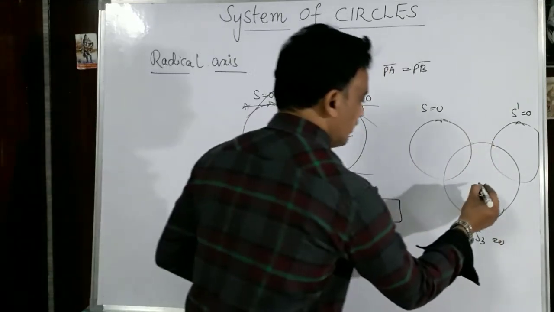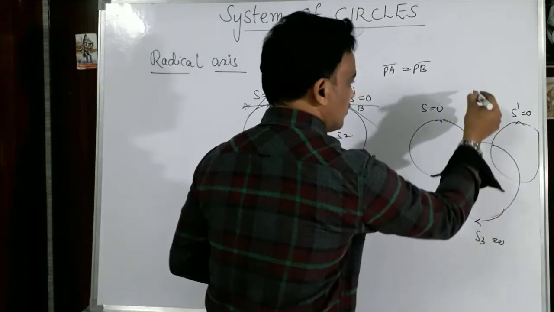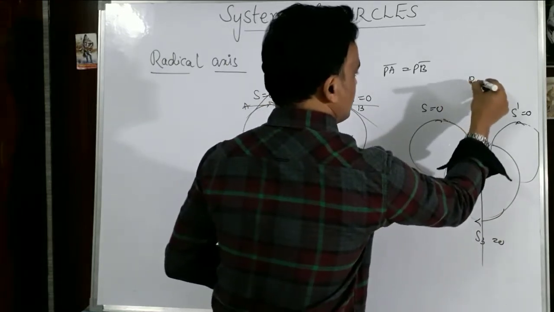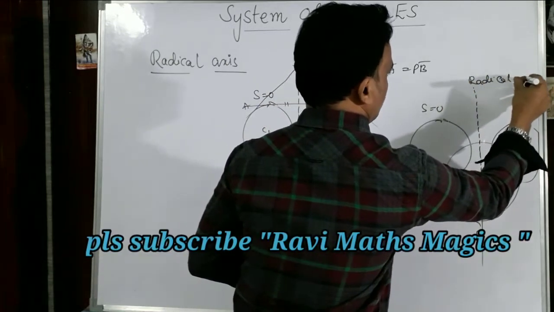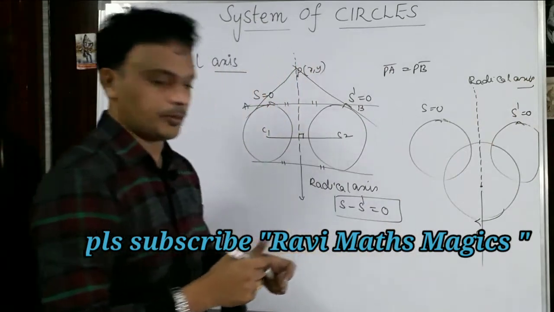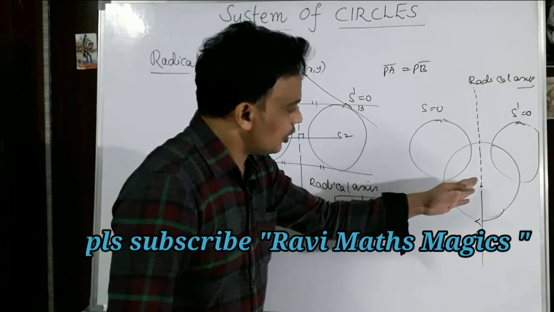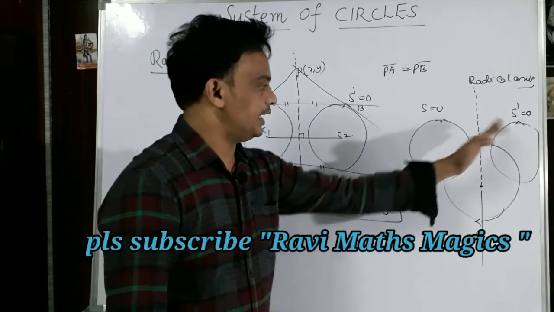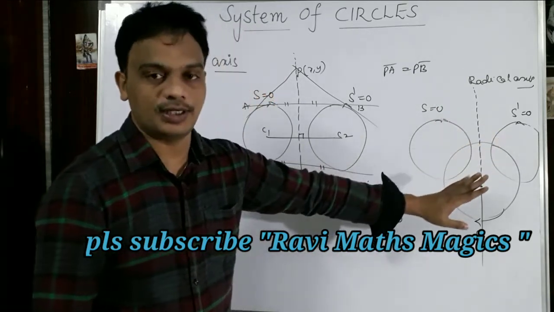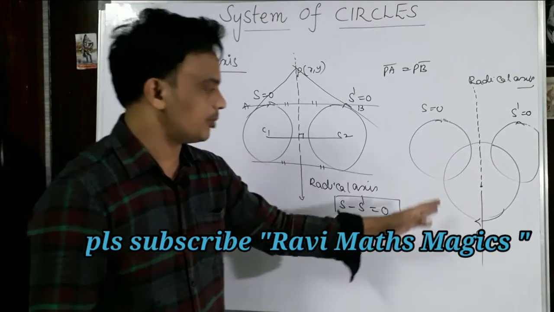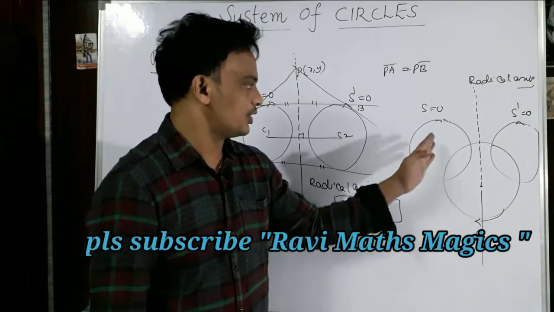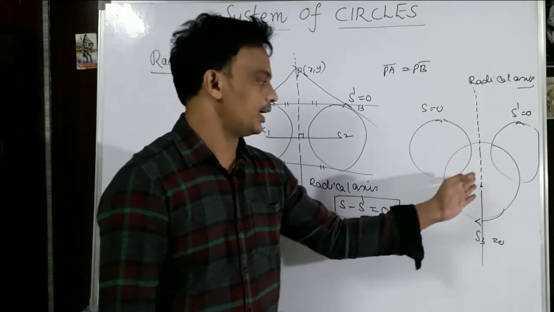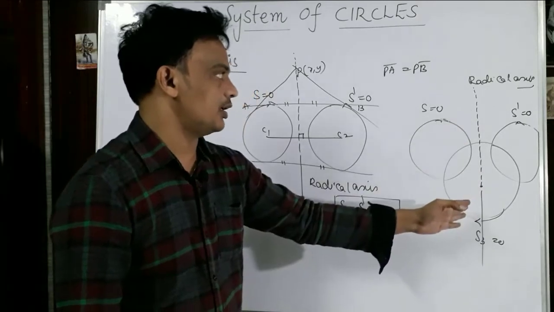Then the center of the circle lies on the radical axis. So this property is: the locus of the center of a circle which intersects the given two circles orthogonally. That means the angle between the third circle and the first circle, and the third circle and the second circle, is 90 degrees. If it is happening like this, then the locus of the center of the circle lies on the radical axis.